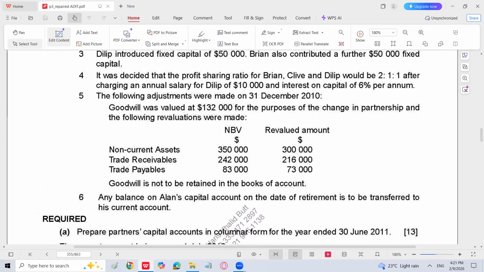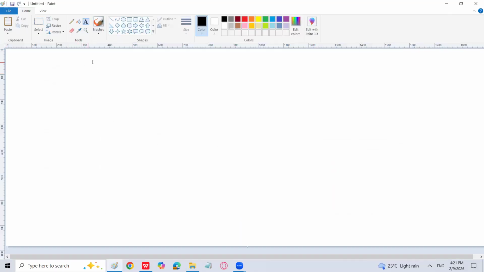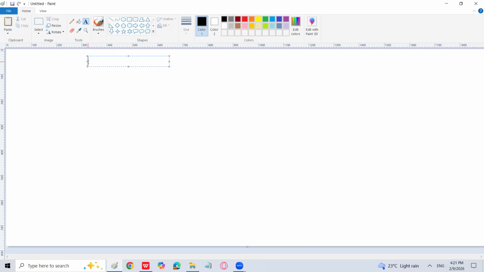First of all, we have to prepare the partners' capital account. So let's do that. If you just see the question, we have 4 partners in this particular question, right?